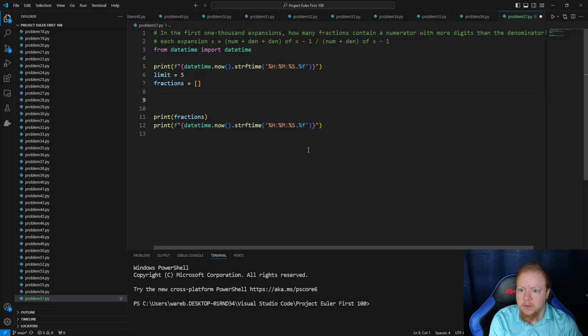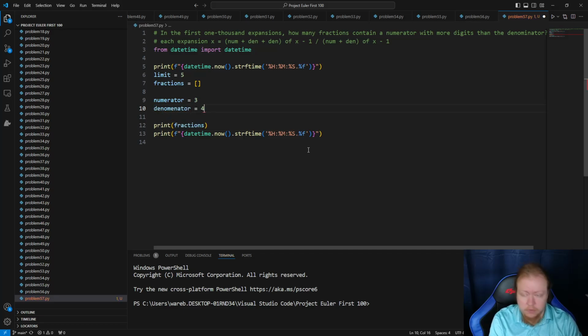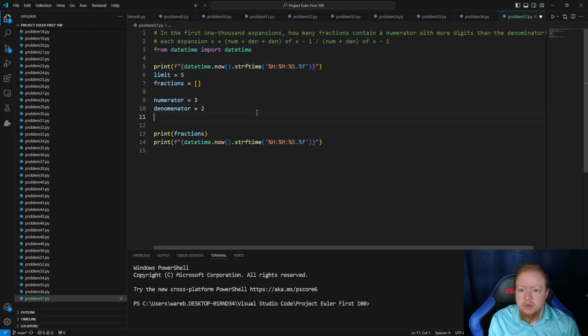So what we're going to do is numerator is equal to 3. Denominator is equal to 2, because that is the first one. Not sure I've spelled denominator correctly, but I don't think that matters whatsoever.